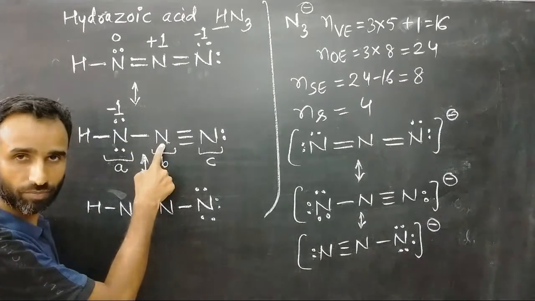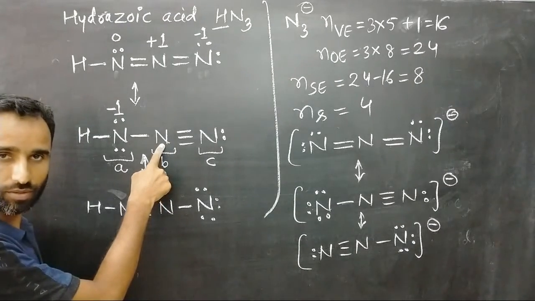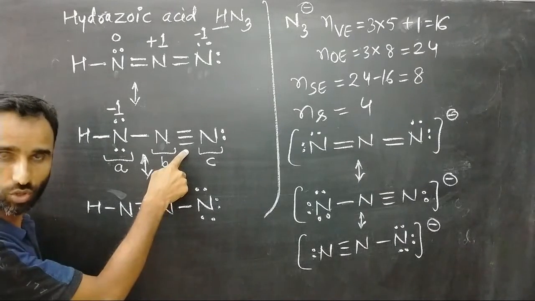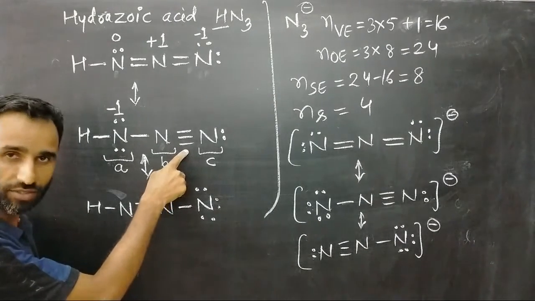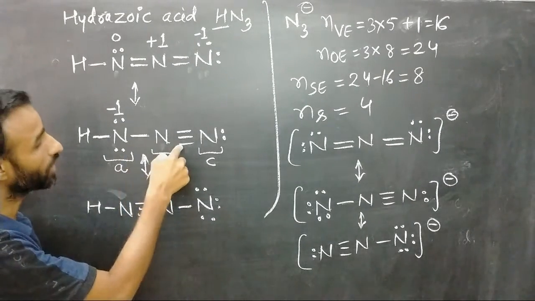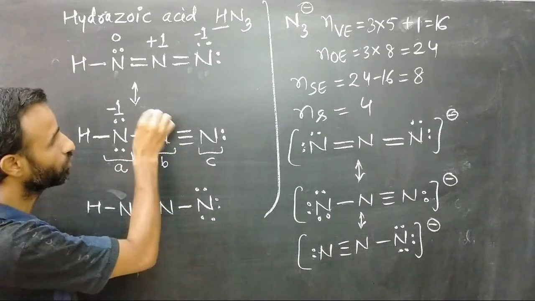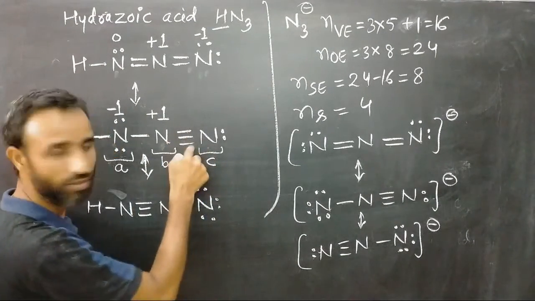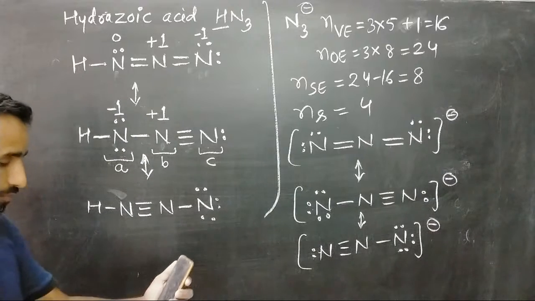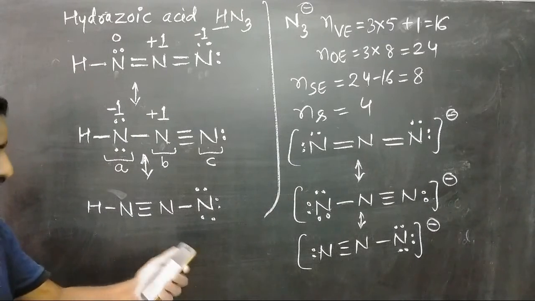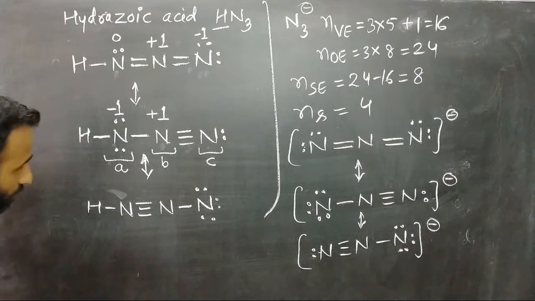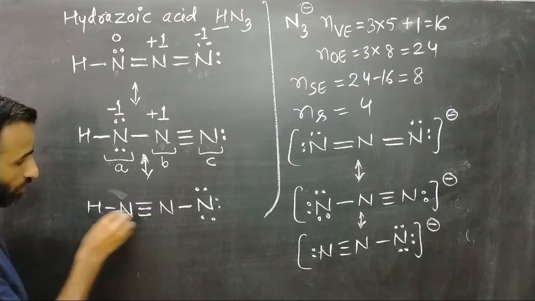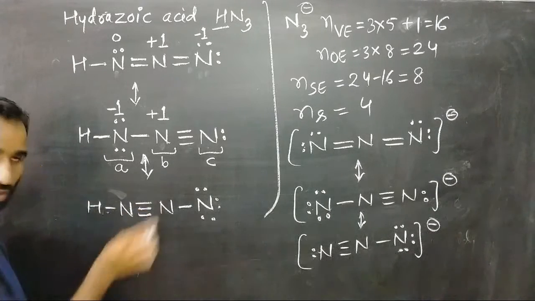This nitrogen, 5 valence electrons, 4 are shared. So 9. That means it loses 1 electron. So plus 1. Are you getting this? 5 plus 4, 3 on one side, 1 on the other side. 5 plus 4, 9.